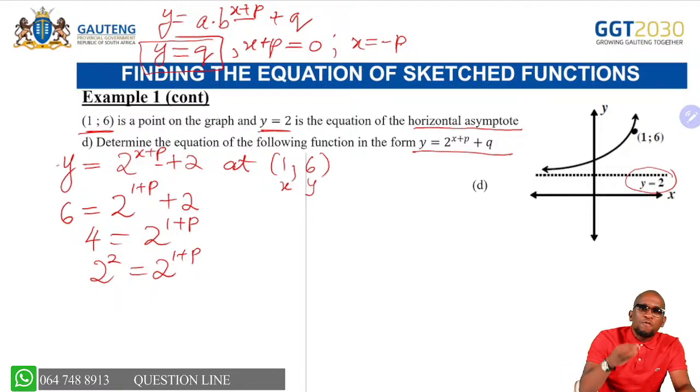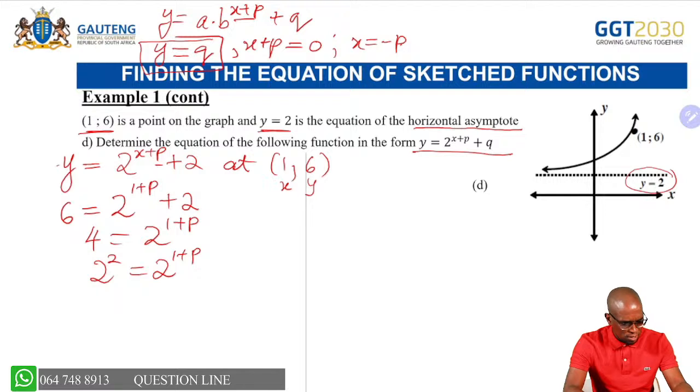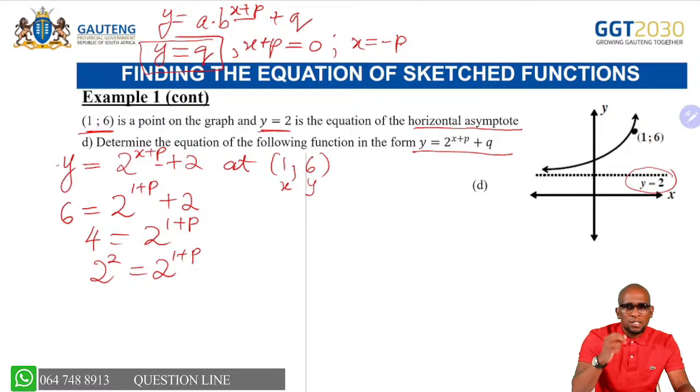So it's important for you to know how to solve exponential equations. Remember, grade 12s, you cannot divorce algebra from functions. When you learn algebra, you learn it to be able to marry it with functions and with all the other topics in mathematics. Algebra is a basis for all mathematics. It's important for you to understand your algebra thoroughly.